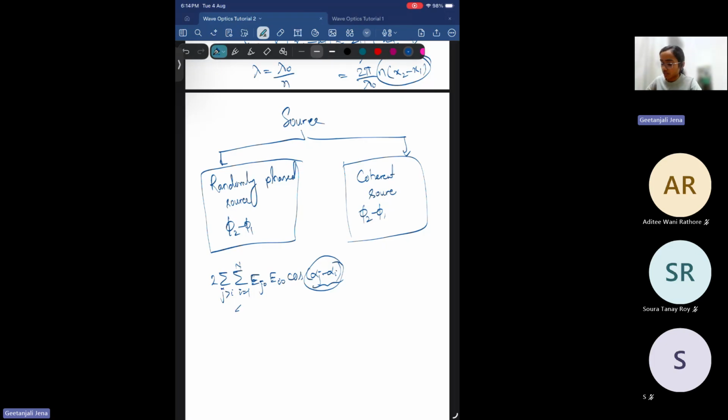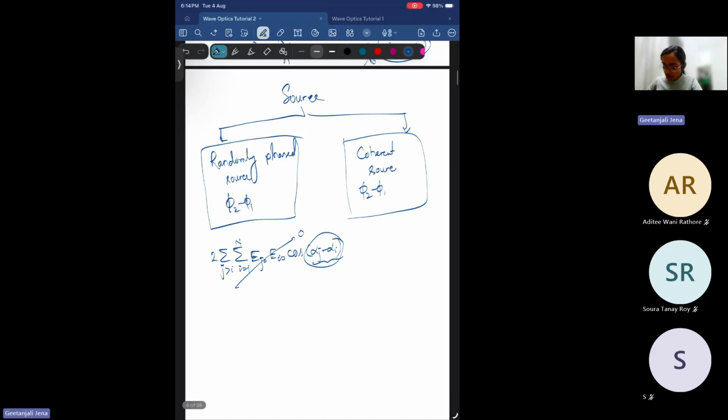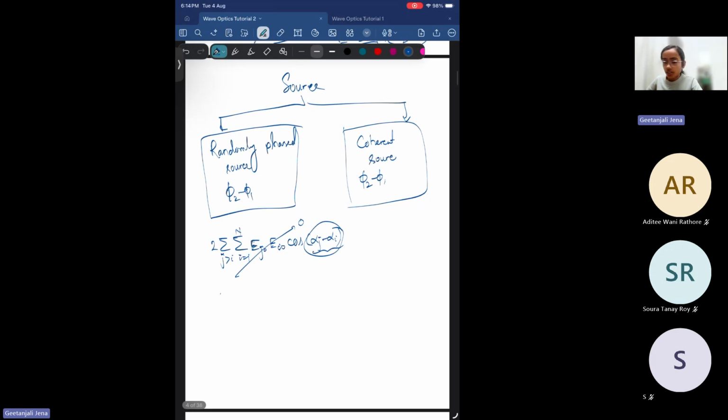That means this summation will vanish, and the final amplitude is E0 squared equals the summation of E j0 squared from i equals 1 to n. This will give n times E squared, assuming they have the same E j0 for the n sources.